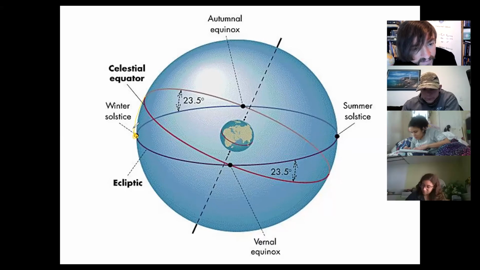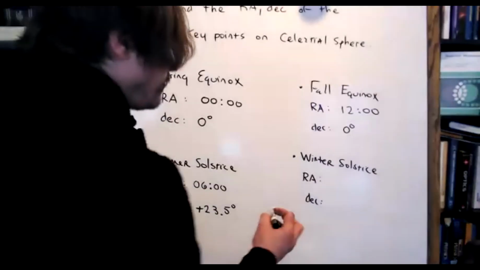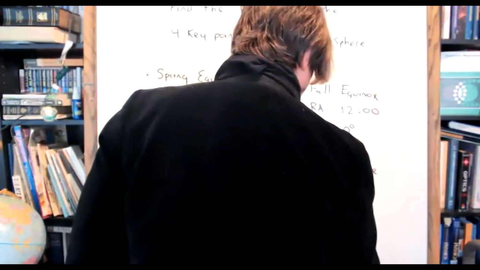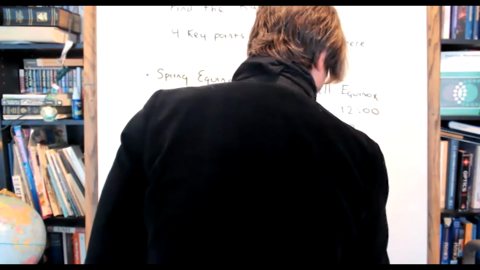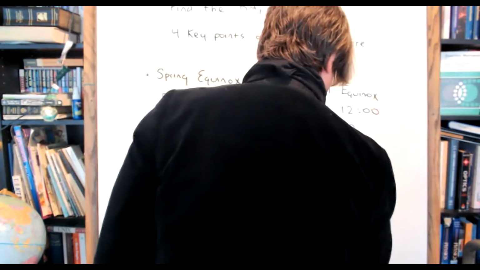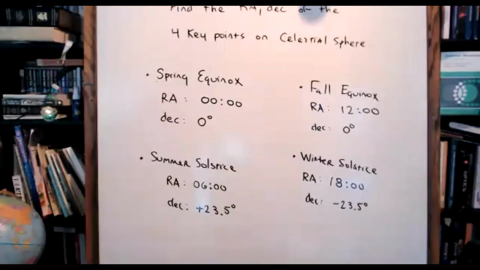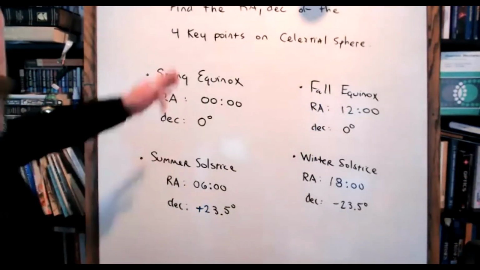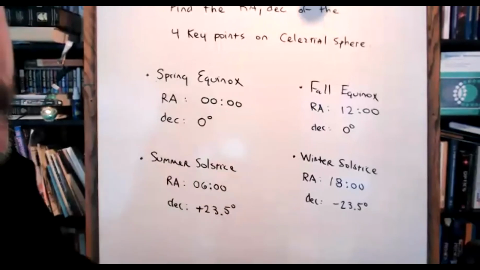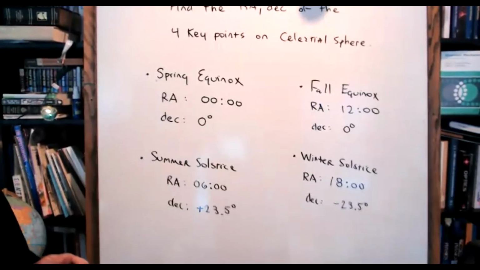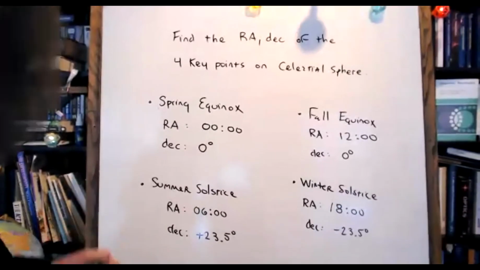Negative 23.5 declination, 1800 hours right ascension. Good. Okay, so that's a first little practice problem. Of course, our labs today will help you develop that a little bit more. Nicely done, guys. Keep those handy. Those give you some examples of how to find right ascension and declination. And examples really help you understand what's going on.